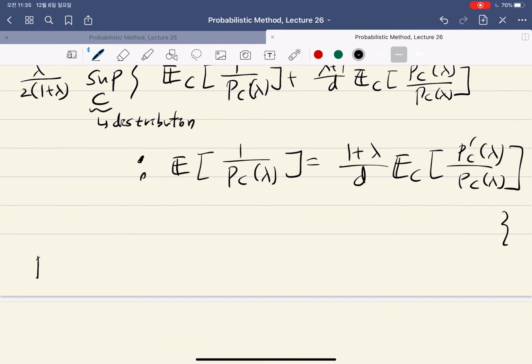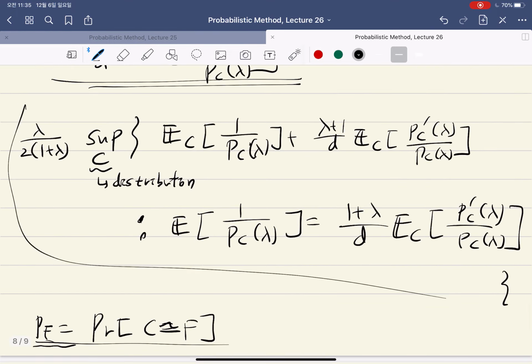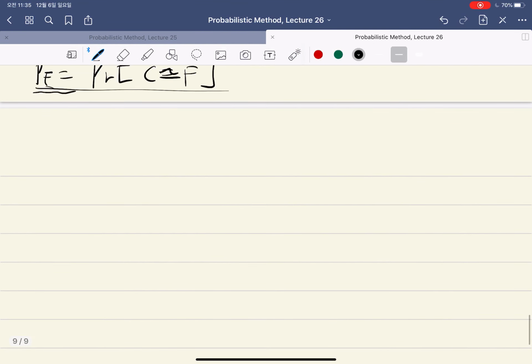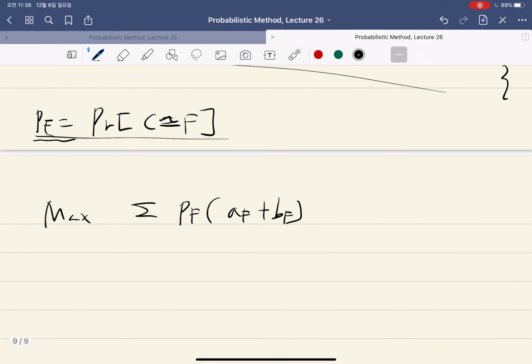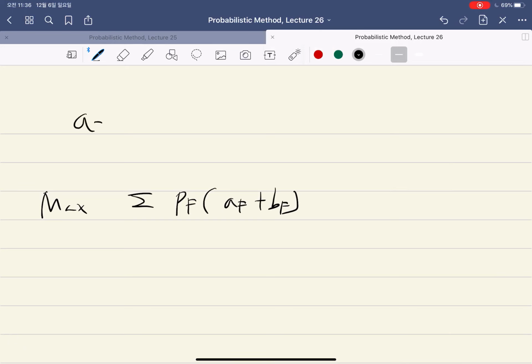Again, we can rewrite this over all this distribution of C. Let's say P of F be the probability that the C is isomorphic to F. Then, how do we rewrite this? If we just forget this for a moment, then we want to maximize summation of PF AF BF. Let's just simply write A and B because I don't want to write the expression every time.